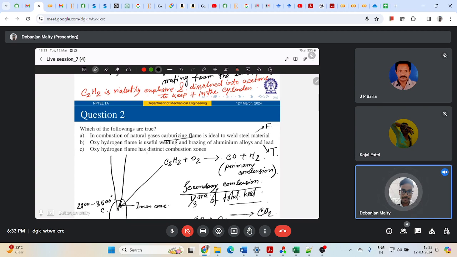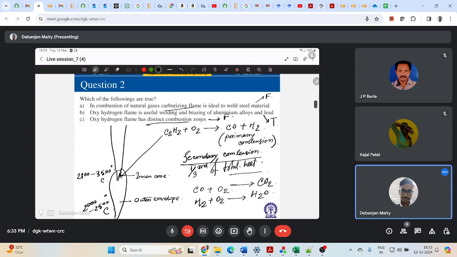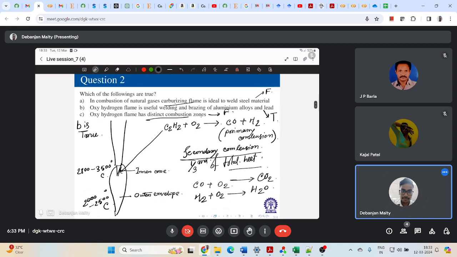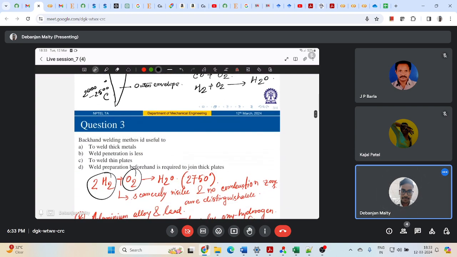Has distinct combustion zones: you cannot distinguish the combustion zones in an oxyhydrogen flame the way you do in oxyacetylene flames, right? So this is also a false statement. So B is true over here. I hope these are straightforward questions.